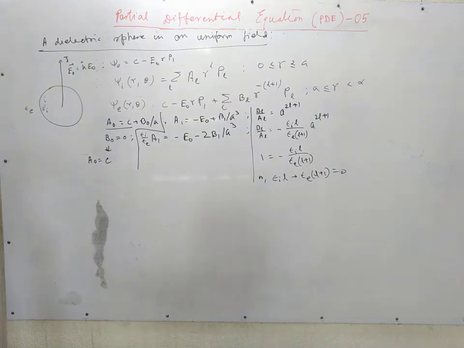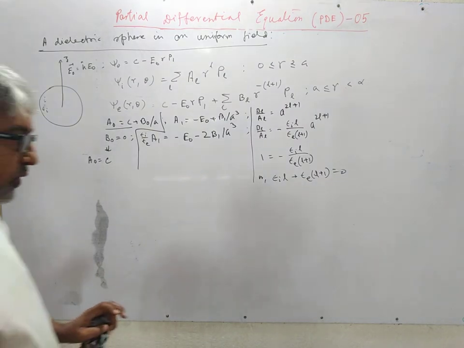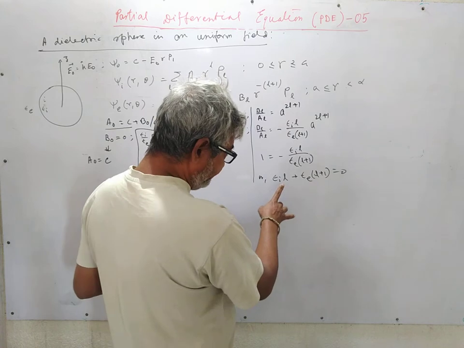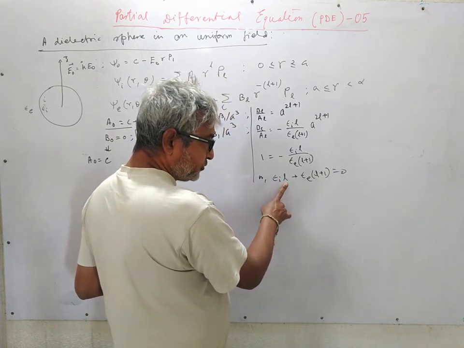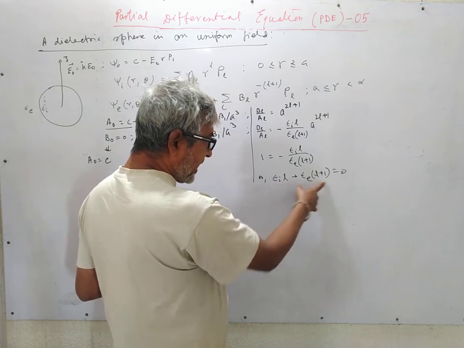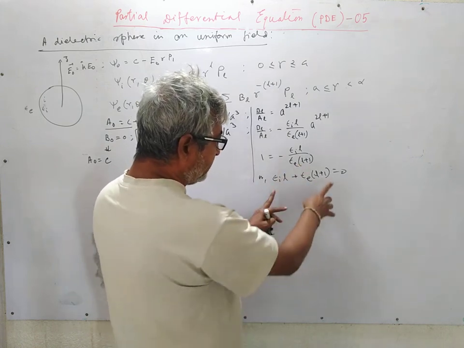The permittivities are essentially positive quantities, and L ranges from 0 to infinity, non-negative values. So this can never be 0.